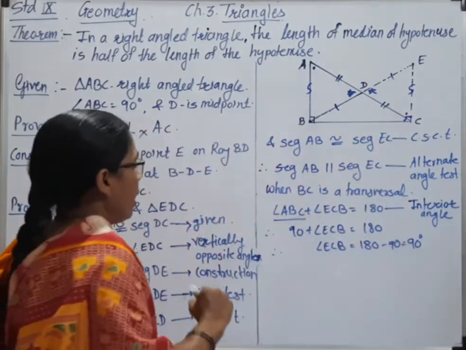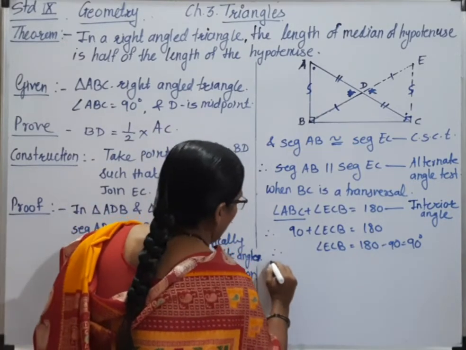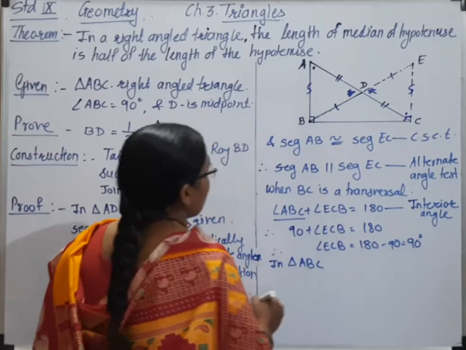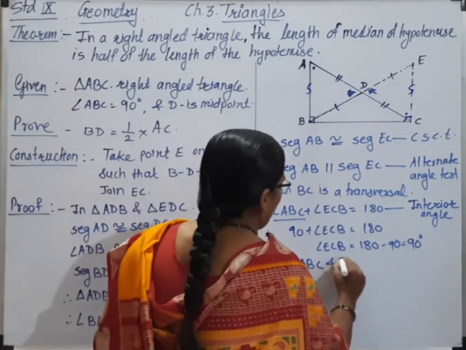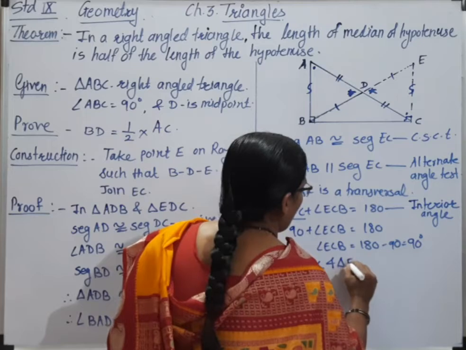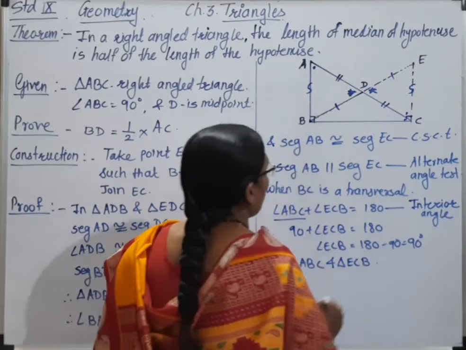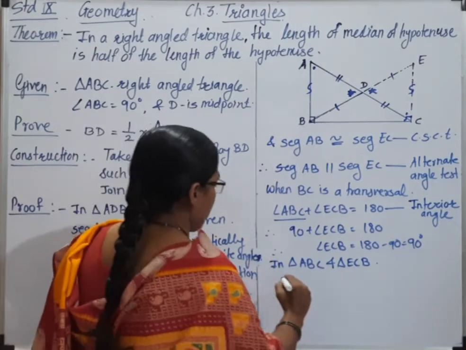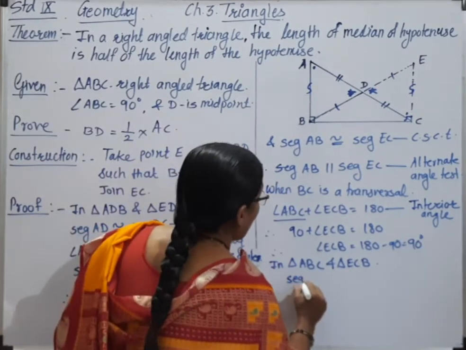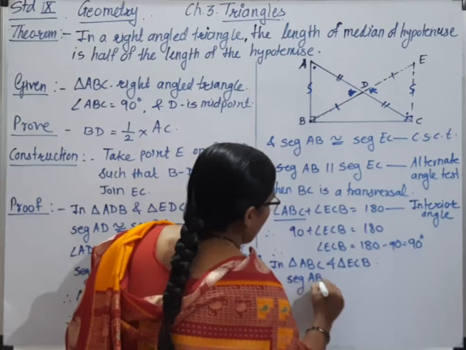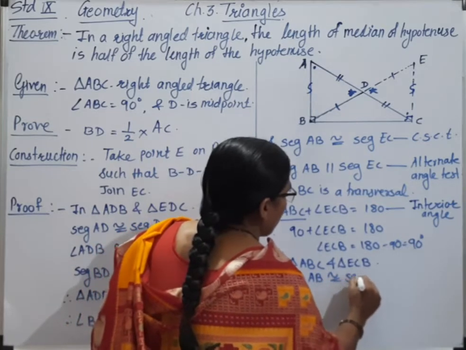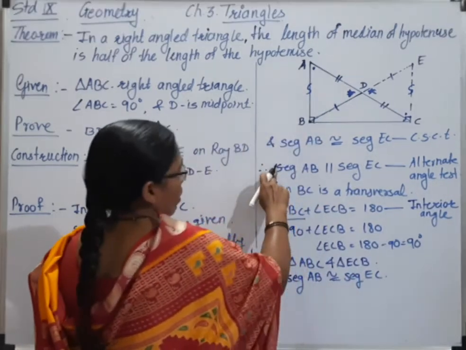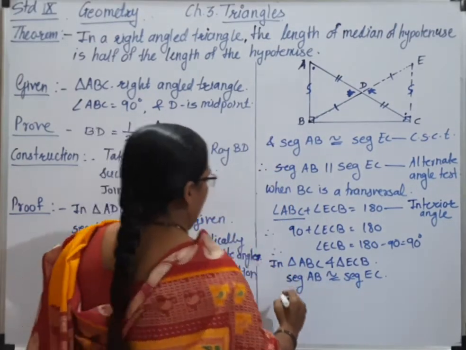Now in triangle ABC and triangle ECB, side AB is congruent to side EC, by CSCT.